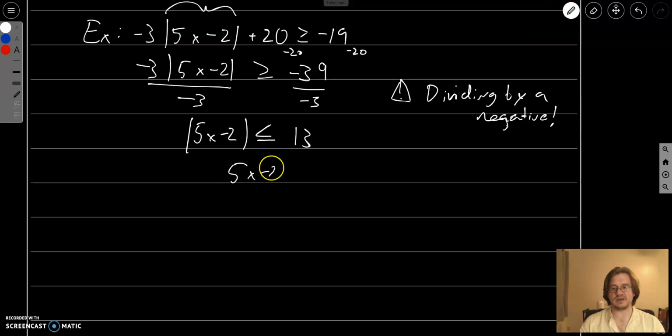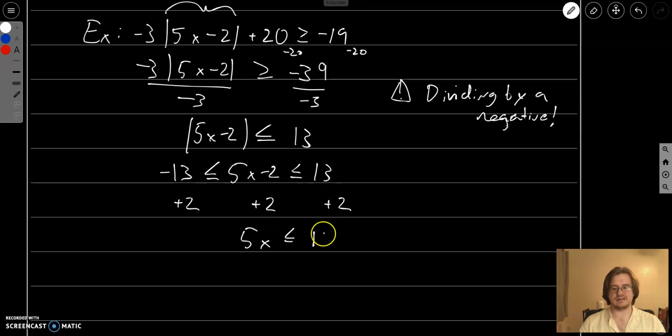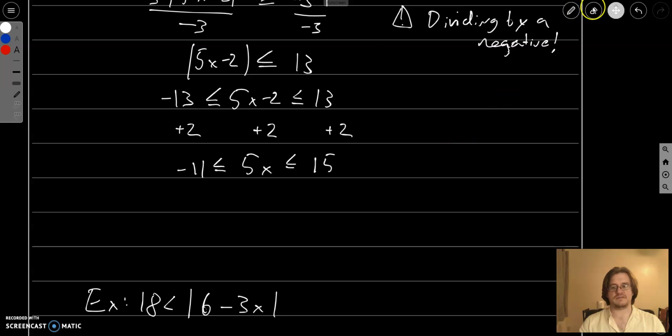This means 5x minus 2 is going to be trapped between 13 and negative 13. Again, let's add 2 everywhere to cancel that out. So we'll get 5x is less than or equal to 15, but greater than or equal to negative 13 plus 2, that's negative 11. And finally, I'll divide everything by 5. 15 divided by 5, well, that's 3.